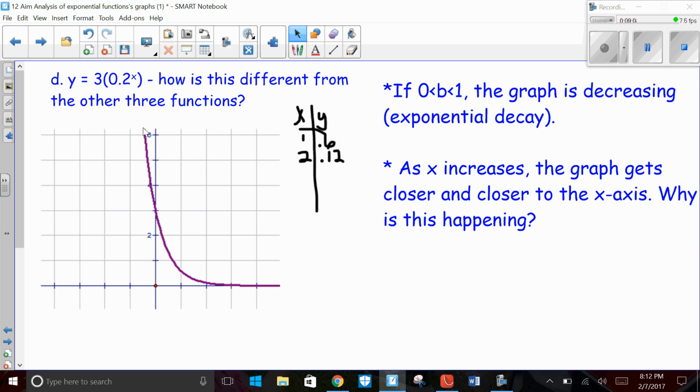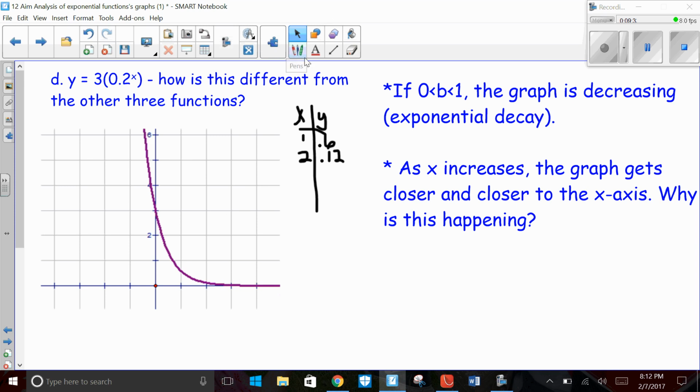And many things in nature decay exponentially. You'll learn about this in chemistry more specifically. Also, as x increases, in this case, the graph gets closer and closer to the x-axis, because the bigger the x is, the smaller the y is going to be. This is just going to keep getting smaller and smaller. So the y values are going to get closer and closer to 0.